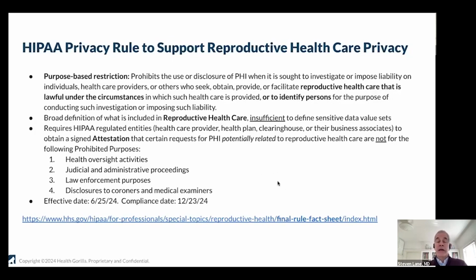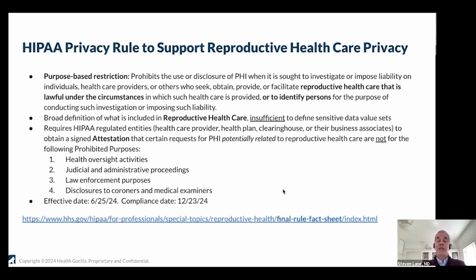We started down the path of developing value sets to support this, but the way this final rule came out, it's really even less specific to the codified data than the California law. It's really a purpose-based restriction that prohibits the use and disclosure of PHI when it's sought for specific purposes. And those prohibited purposes are listed here, 1 through 4.